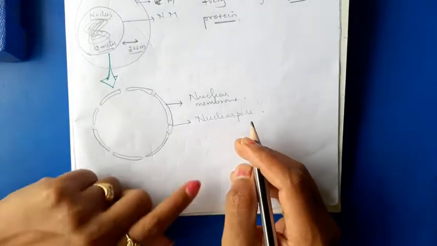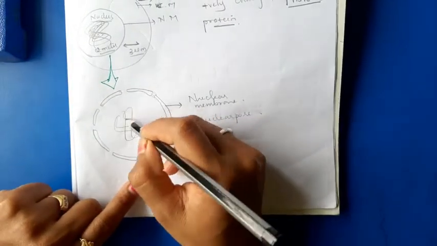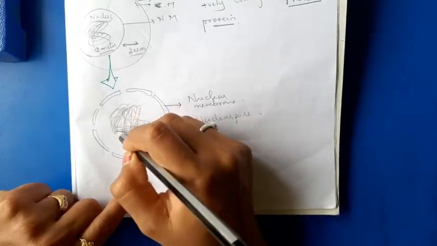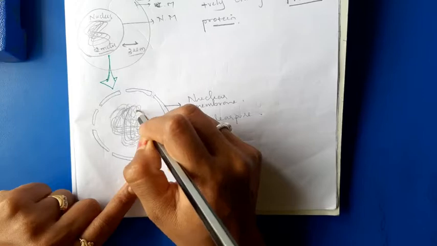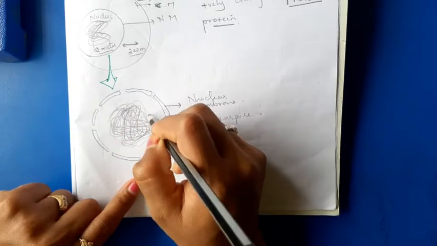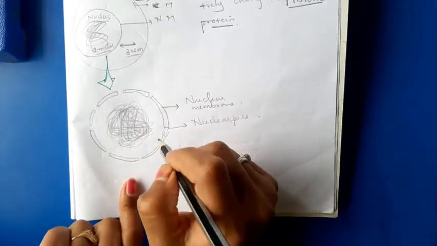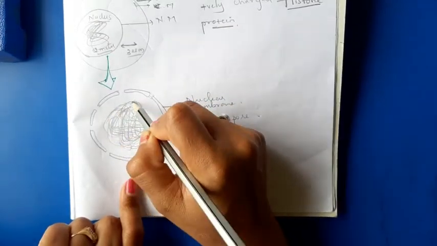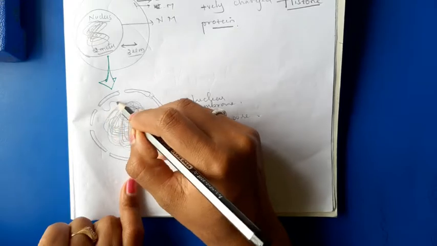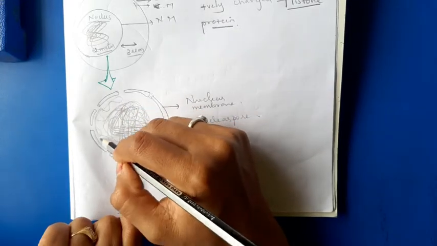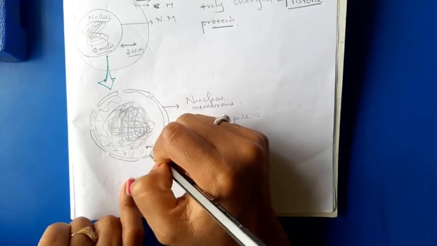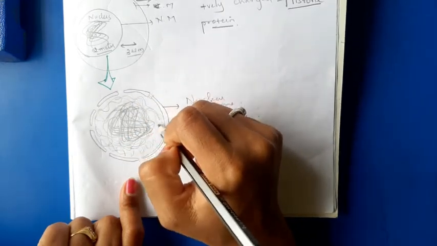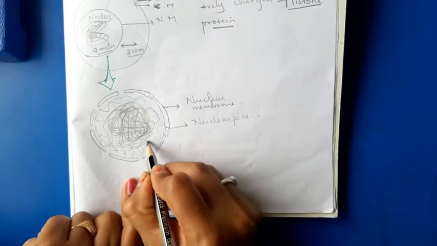You already know that chromatin material, or the genetic material, is present inside the nucleus. But very dense chromatin fibers are present in the central part of the nucleus, and light chromatin fibers are present at the periphery.